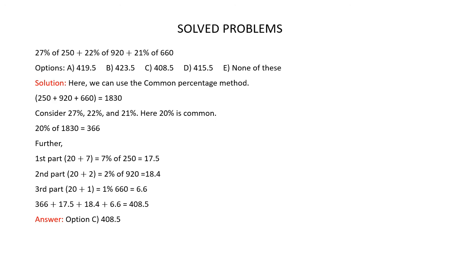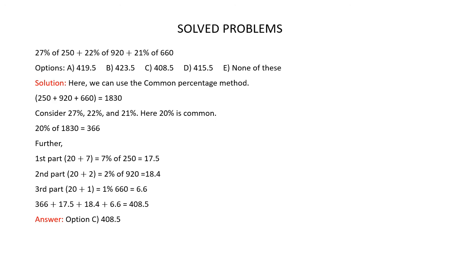Find the value of 27% of 250 plus 22% of 920 plus 21% of 660. You are given 5 answer options here and you have to find out which of these options is the correct one. Now you can simplify this expression using the common percentage method.